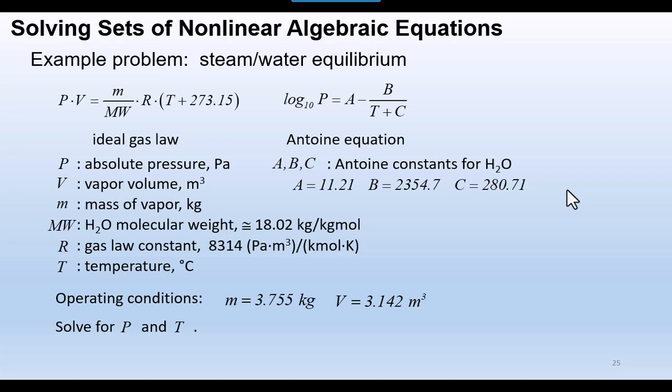Having those basic data, then we can set some operating conditions of having a mass here in kilograms and a vapor volume in cubic meters, and then we want to solve these two equations for P and T. All right, so that's the background on the example.